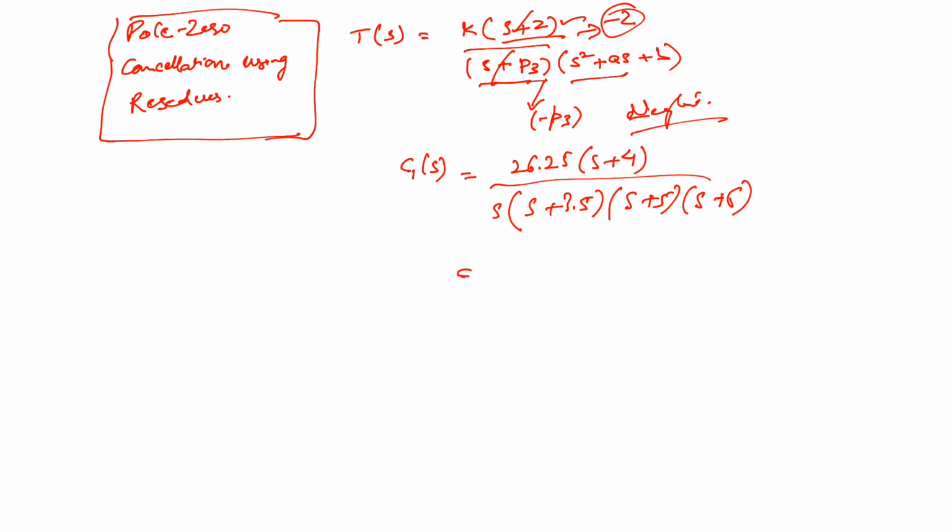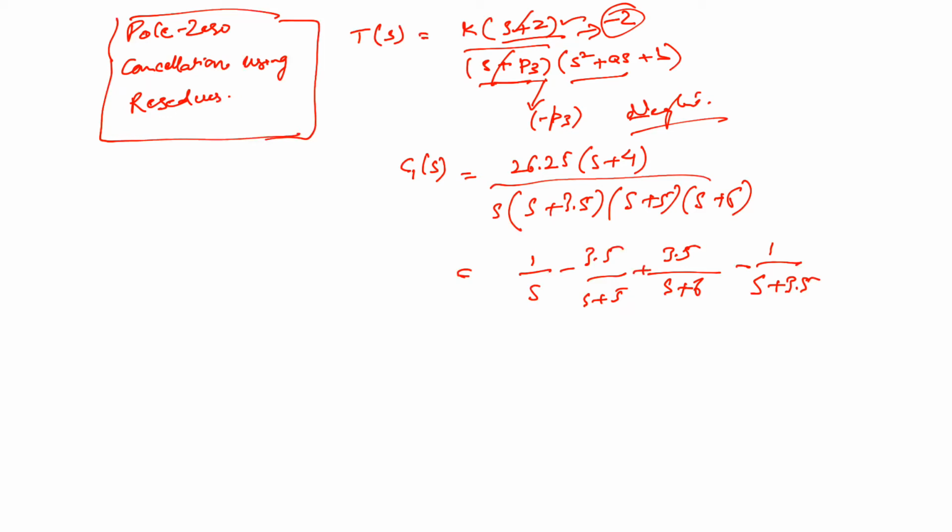By partial fraction expansion, we get 1 by s minus 3.5 divided by s plus 5 plus 3.5 divided by s plus 6 and minus 1 divided by s plus 3.5.